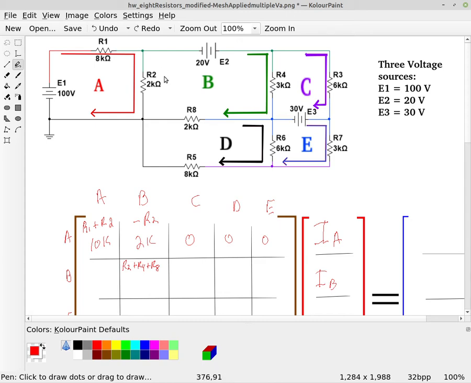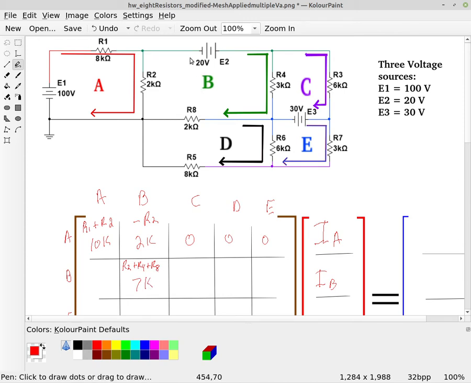So the R2, the R4, and the R8 are all in loop B. And so that's going to be 2K plus 3K plus 2K. So that's going to be 7K. So that's a positive 7K.